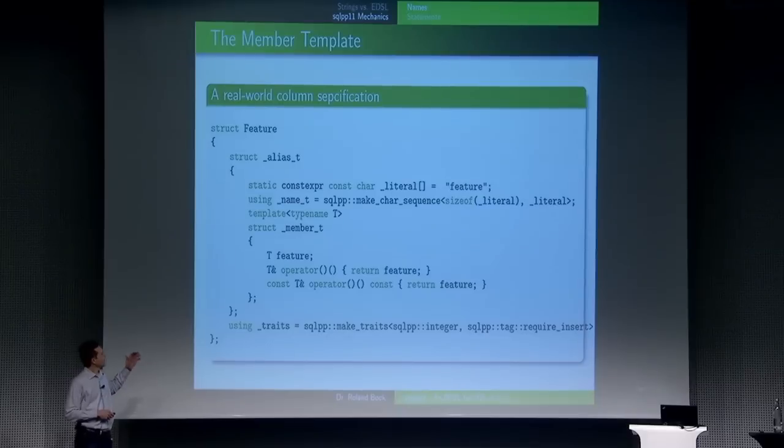Okay. Before I forget that, this code is something that you should not write by hand, obviously, because it's very repetitive. You have to do this for every column. But in most cases, you will have a DDL for your database, or a description of what your tables and columns are, and it's very easy to use some, I don't know, Python script or something to translate this DDL into such code.